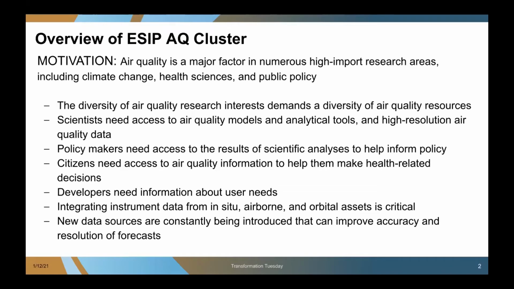There's a considerable number of research scientists who are doing work in air quality and understanding the state of air quality, but there's also a lot of end users, parents with kids who have health problems that air quality directly affects, like asthma.